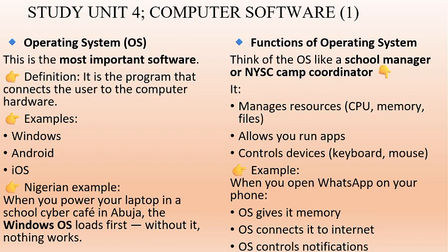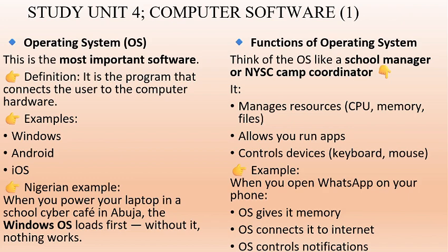Let's illustrate it like a school manager or NYSC camp coordinator. So the first thing an operating system does is it helps to manage resources. What are the resources that we have there? We have the CPU, we have the memory, we have the files.